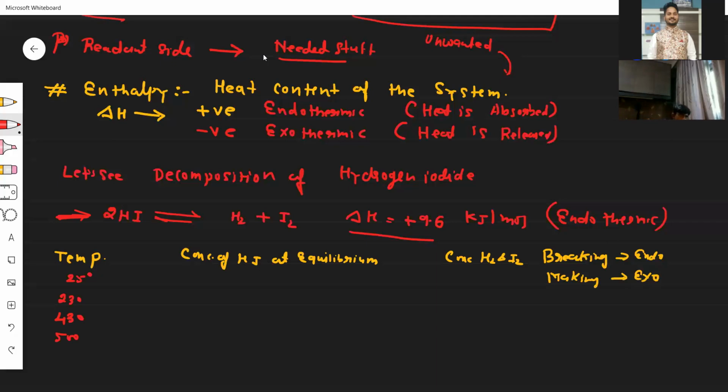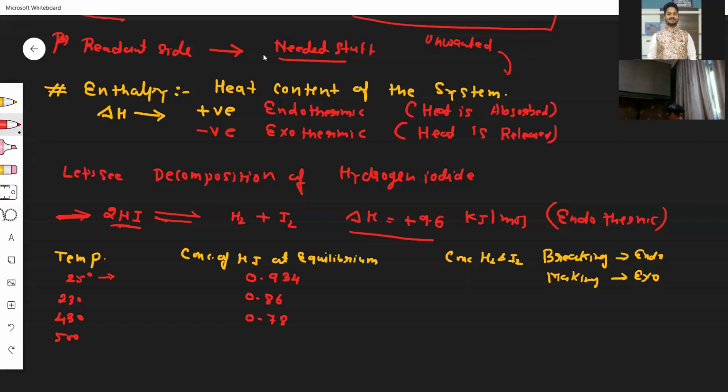When the concentration of HI was noted at 25 degrees Celsius, HI is present on the reactant side. Its concentration comes to 0.934 mole per dm cube. When the temperature is increased, it is less, 0.86. When you heat more, the concentration gets further lowered, 0.78, lesser than 0.86.